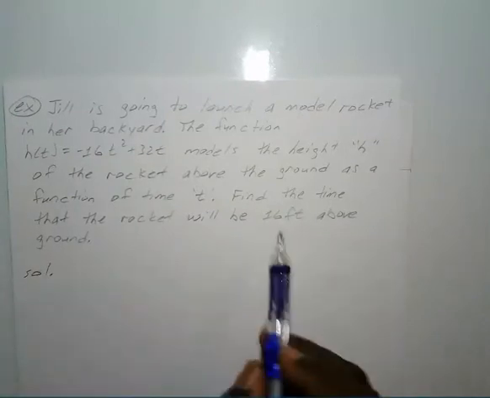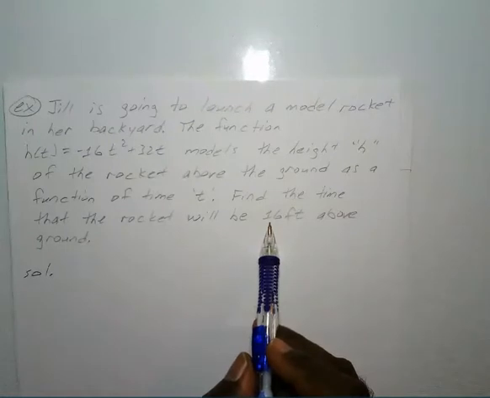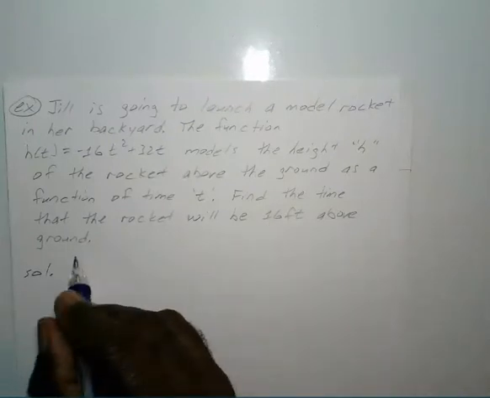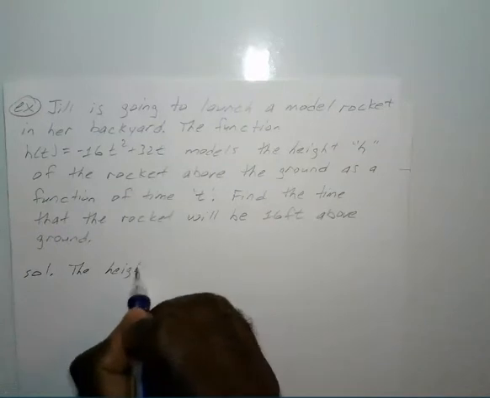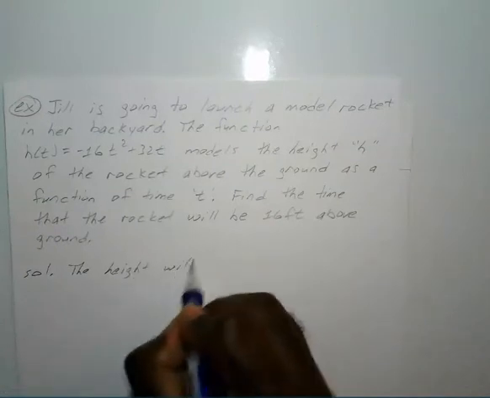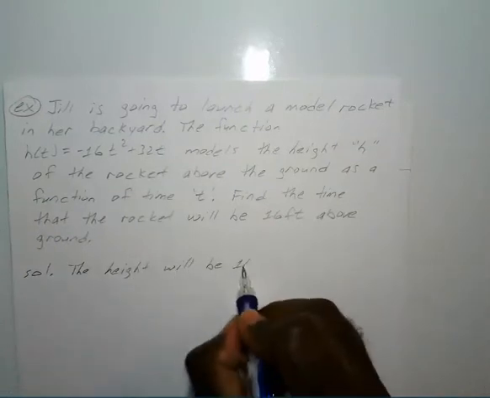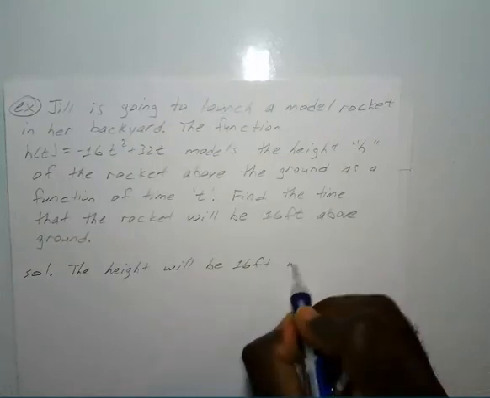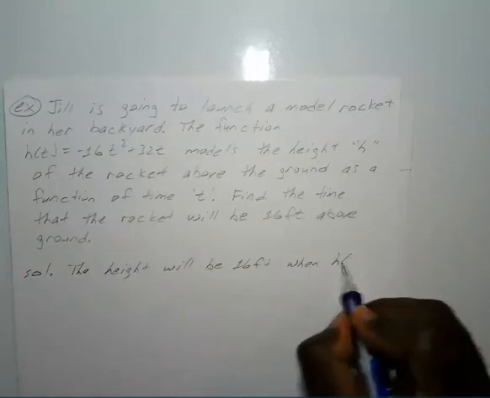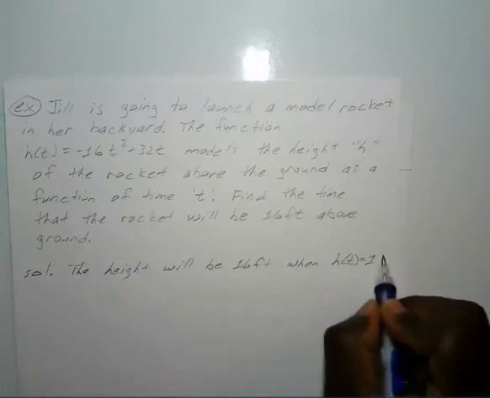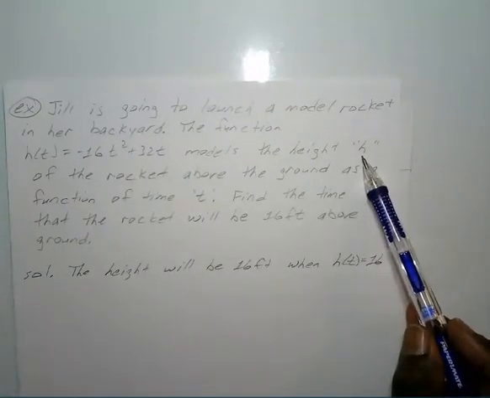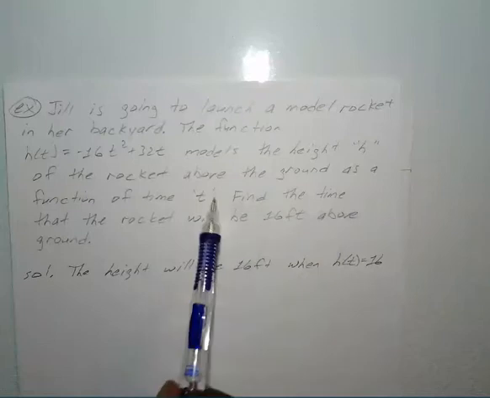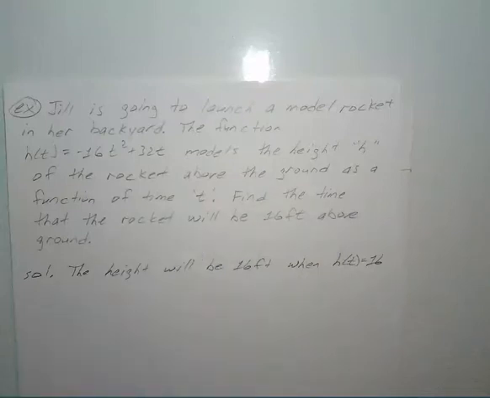Okay, now notice they want to know when the height will be 16 feet. So the height will be 16 feet when h of t equals 16. Because remember, h represents the height of the rocket, and h of t is the height of the rocket at a certain time.